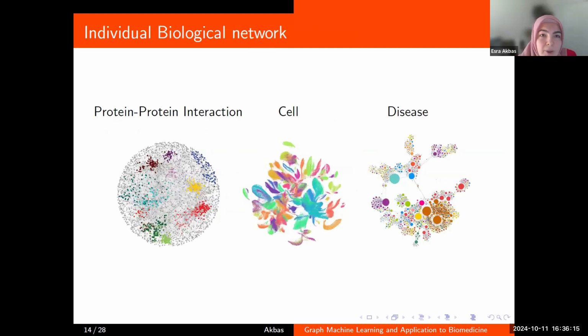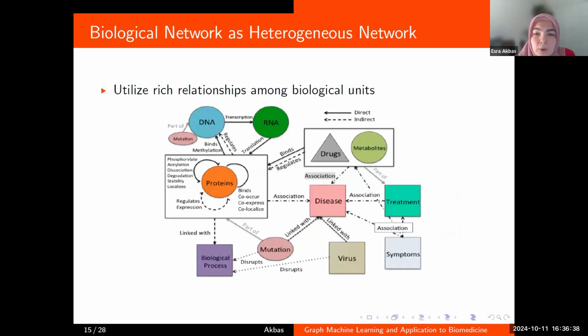What types of biological networks do we have? As a simple network, we have the protein-protein interaction network, like how proteins interact with each other, or a disease network. As we know, when we have some disease, it causes some other problems also, like our system is all connected. But when we look at everything together in this domain, it is a very complex network.